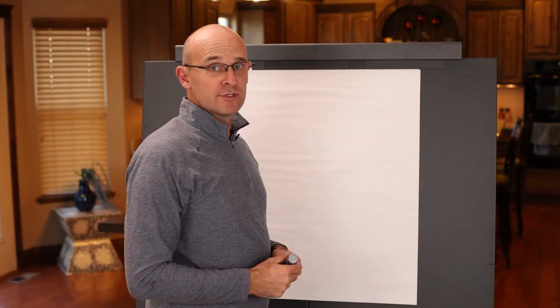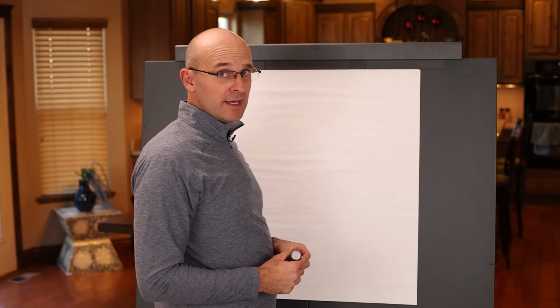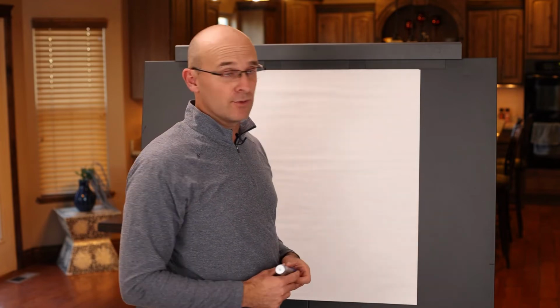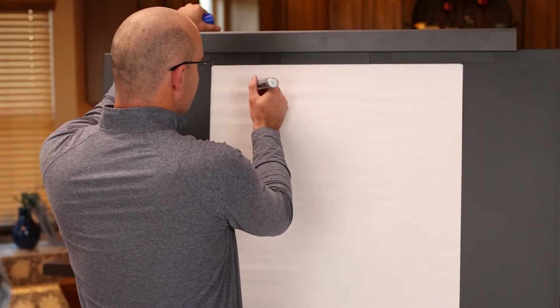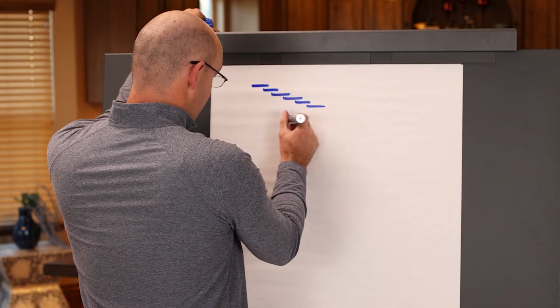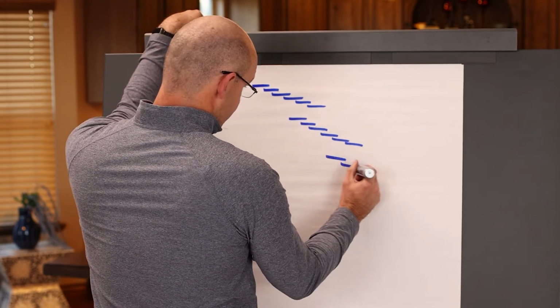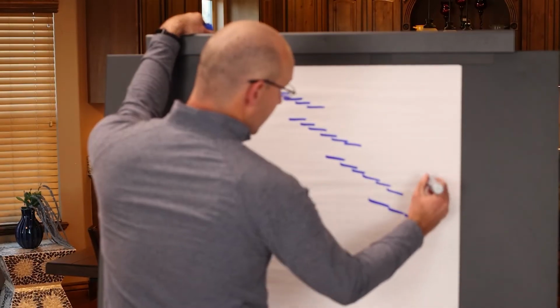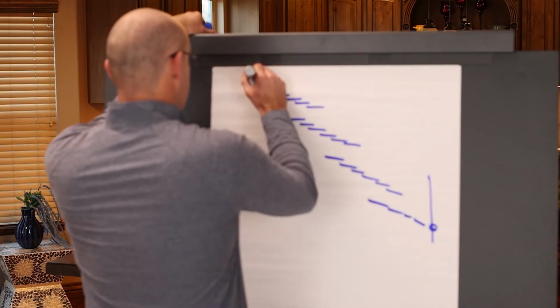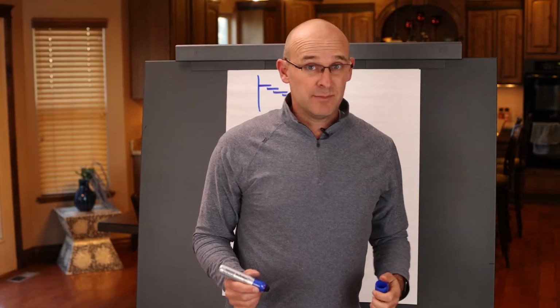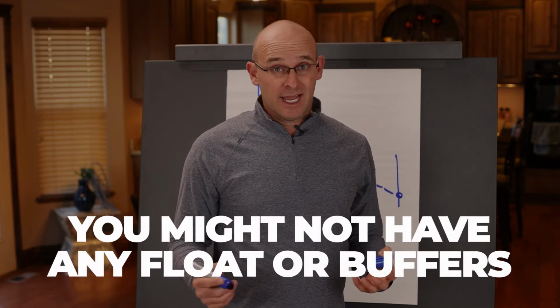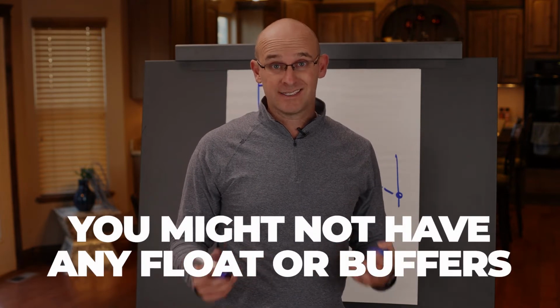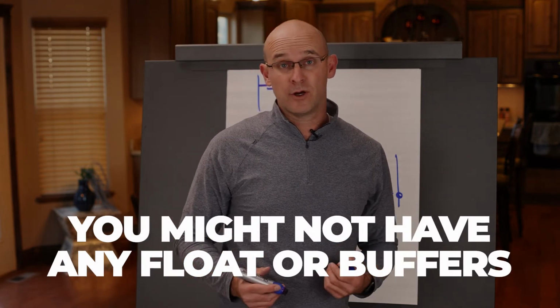So first and foremost, if you're using the critical path method, here are some things that I want you to watch out for. If you have a schedule and your schedule has a critical path and your end date is based on that longest path, that means that you might not have any float or any slack, or intact, what we call buffers.